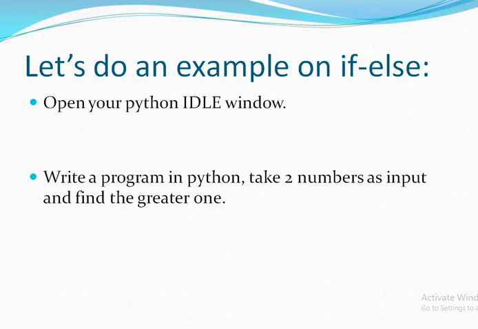We are going to take two inputs from the user and give a condition whether the first input is greater than the second input or not. If it is true, then the first input will be the greater number, otherwise the second input will be the greater number. Let us do the program in the IDLE window of Python.